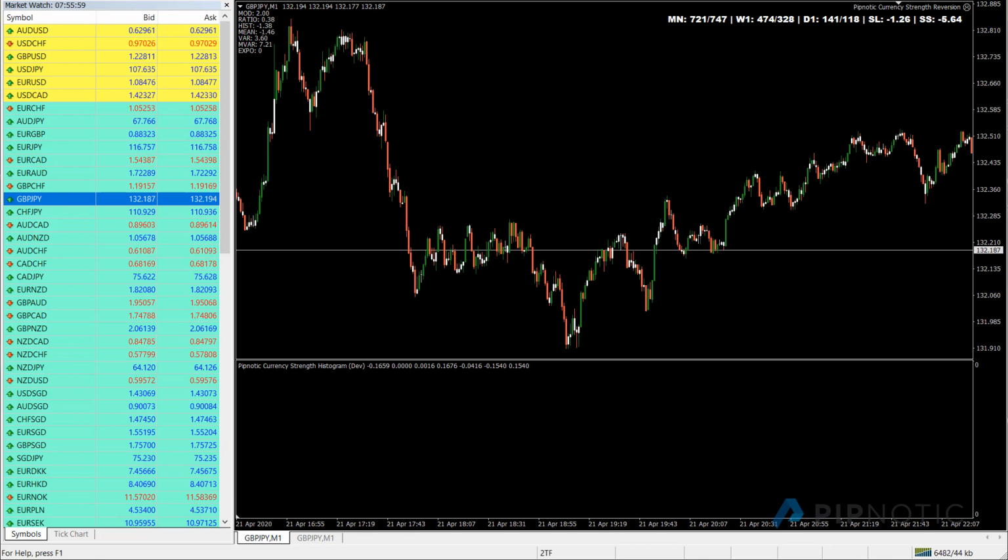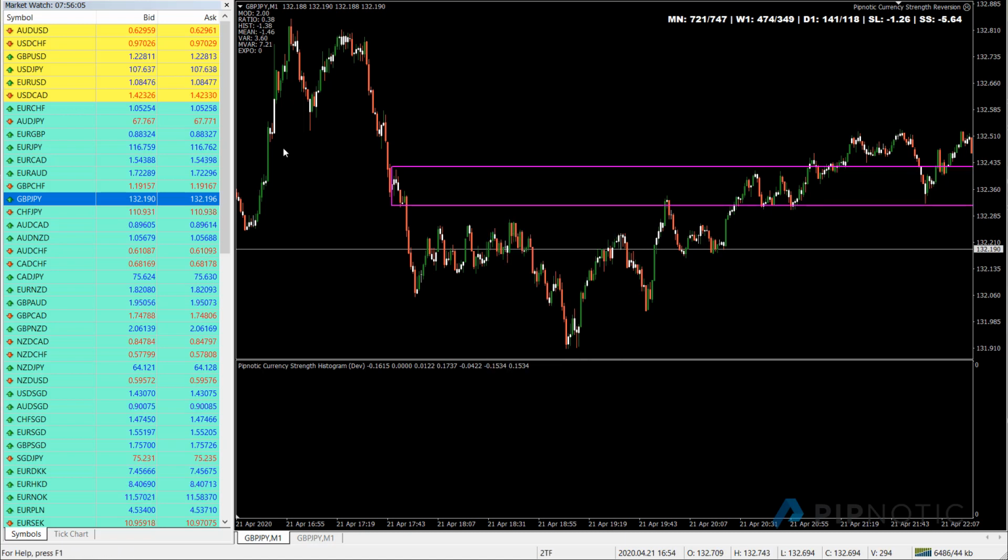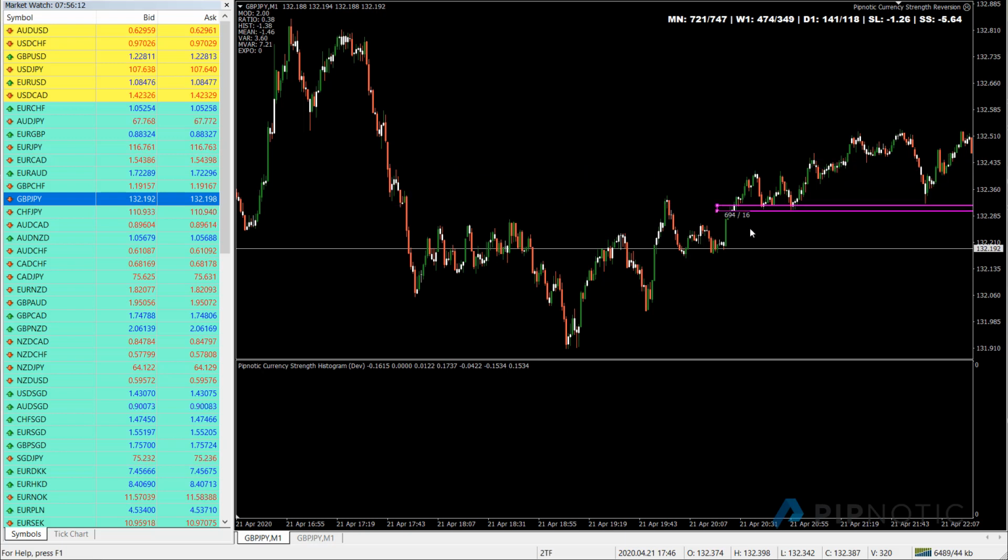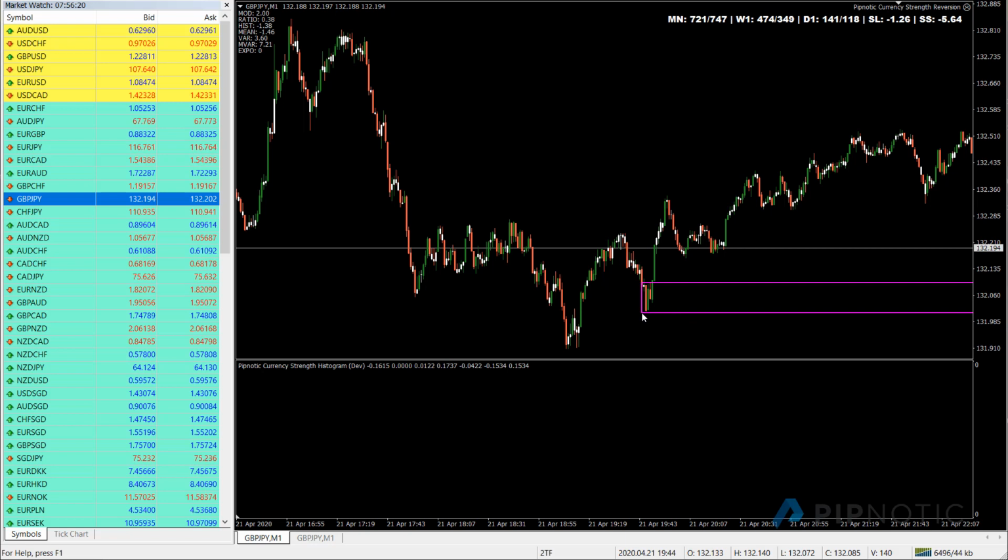And we had this parent child. Let's mark off the whole area. Okay, tested, removed. So we have, and price has already been back down to this area here. So this is a nice fresh one here. And we also have this one down here.